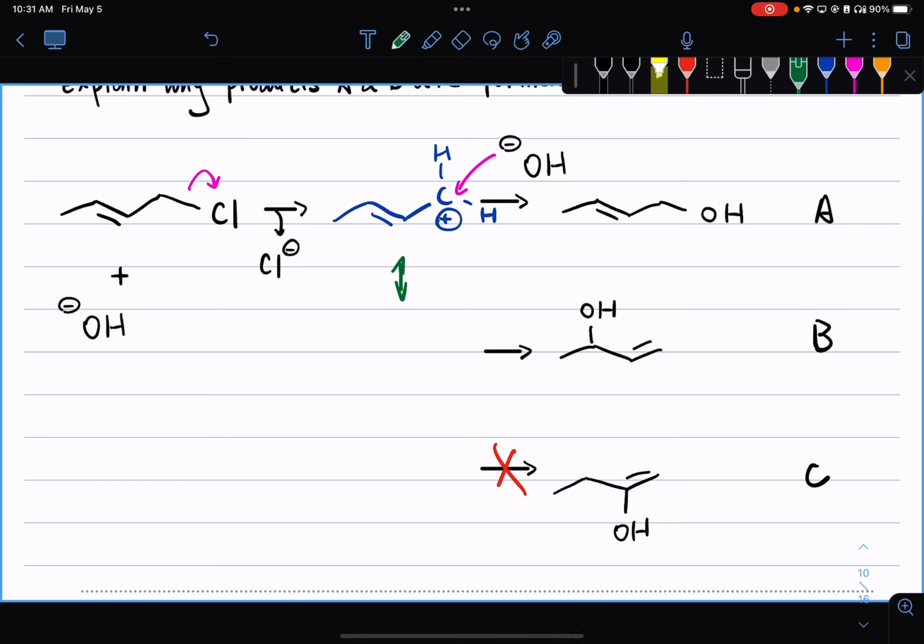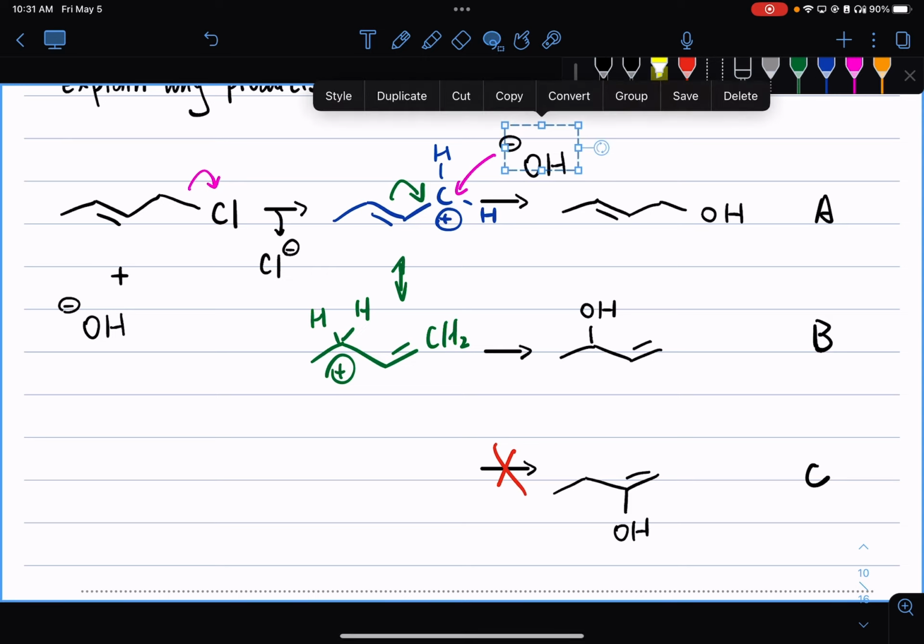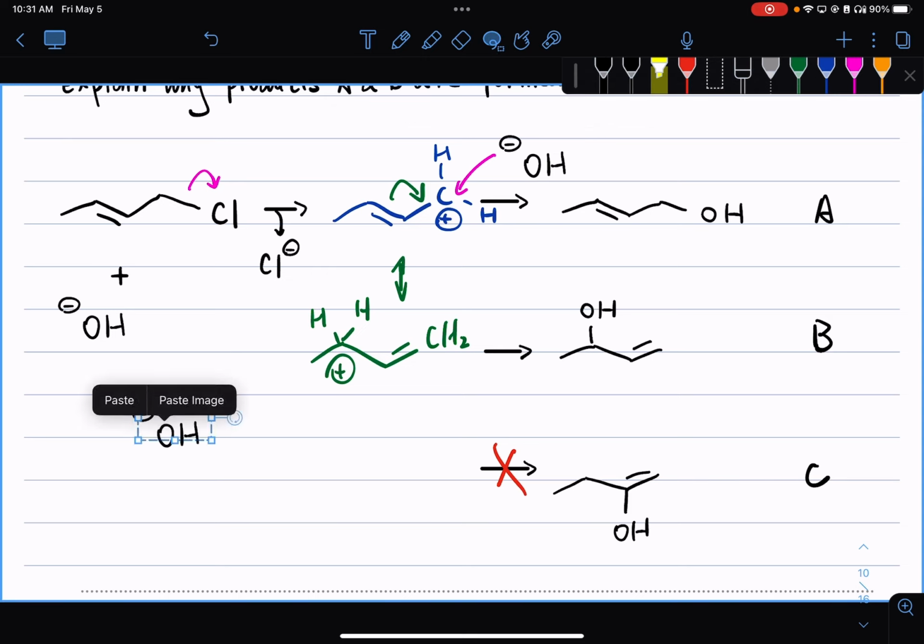So for doing that, you can do the arrow pushing or you can not do it. So this is what we have. Hydrogen, hydrogen. And that's the resonance structure you can draw from that allylic carbocation. And that explains the formation of our product B here.